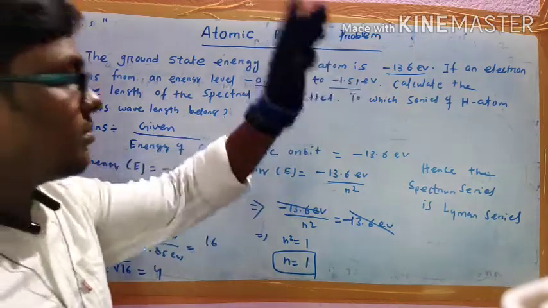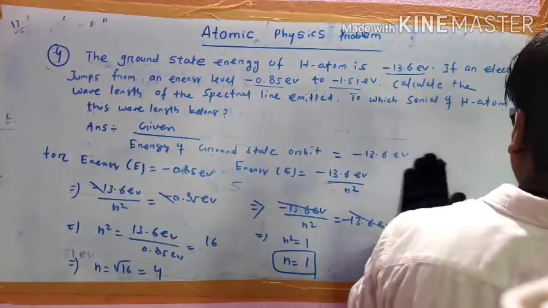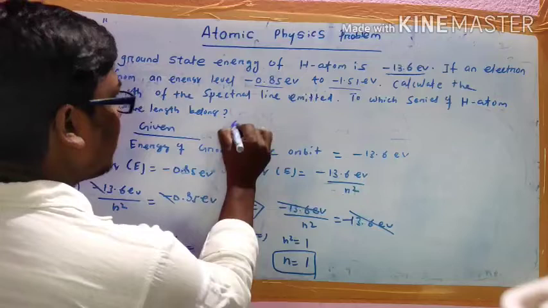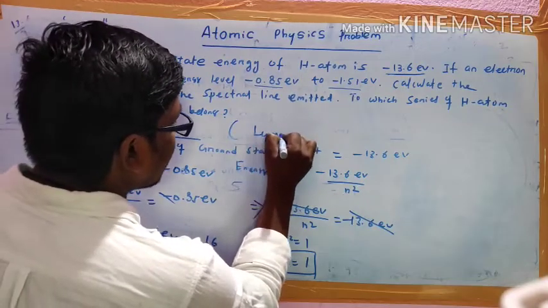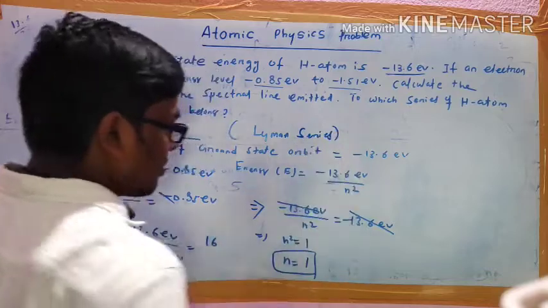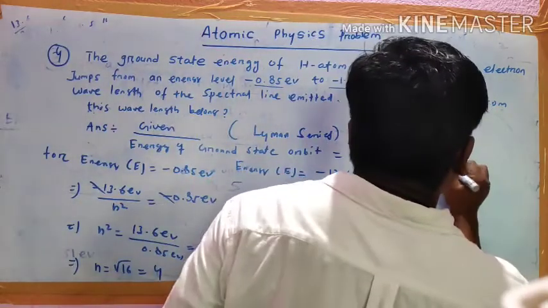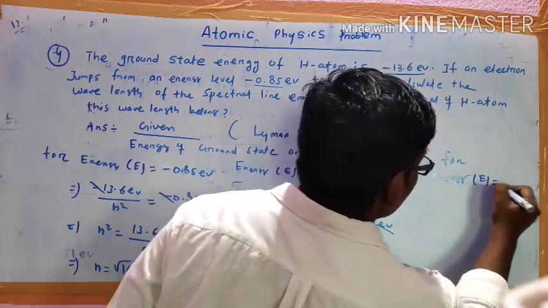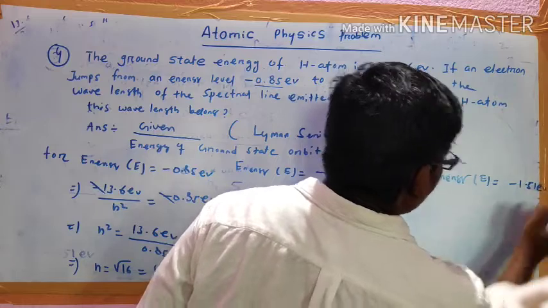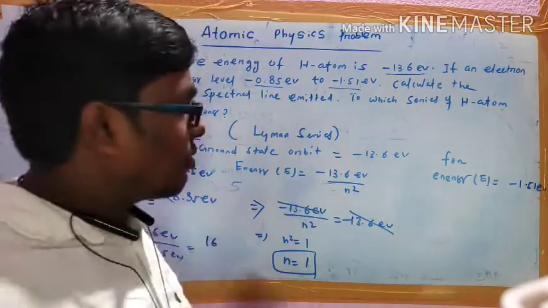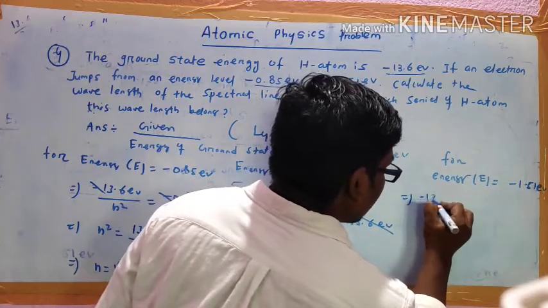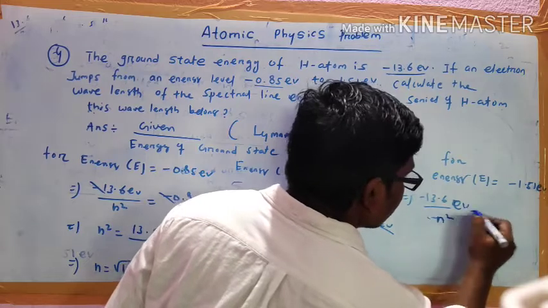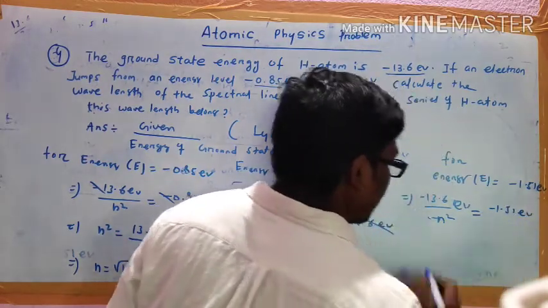Next, for this energy, here I am writing this belongs to Lyman series. For energy E equal to minus 1.51 eV, E is equal to minus 13.6 electron volt by n square is equal to minus 1.51 eV.